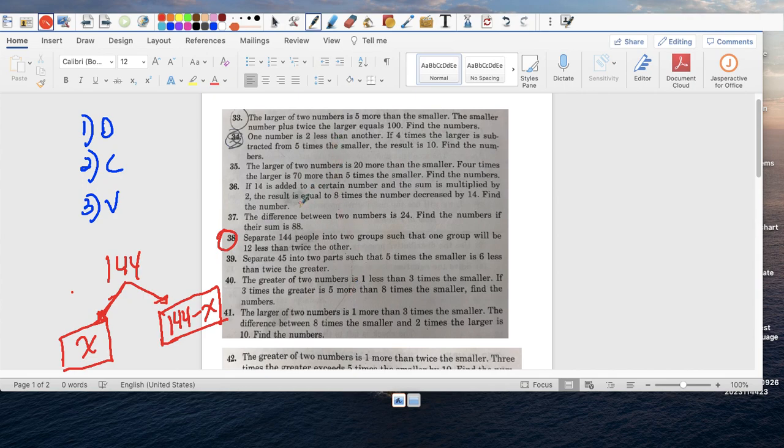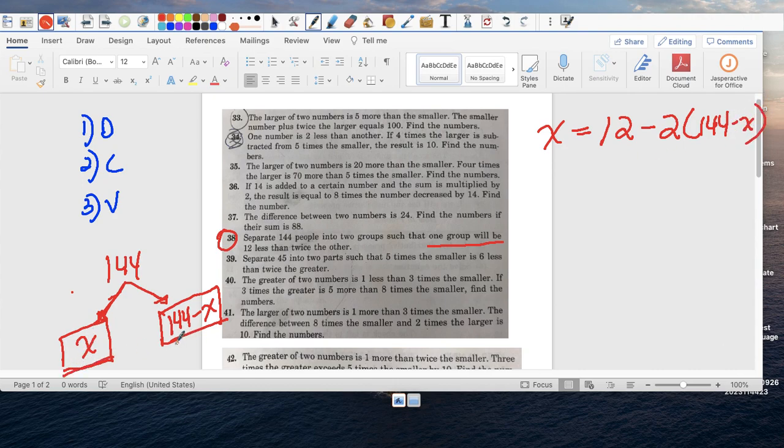So separate 144 into two groups. That one group will be 12 less than twice the other. So now we can set up the equation. One group, X, doesn't matter which one you call it, it really doesn't matter. X will be, it's another way of saying X, 12 less than twice the other. 144 minus X. Right, so you got two groups.